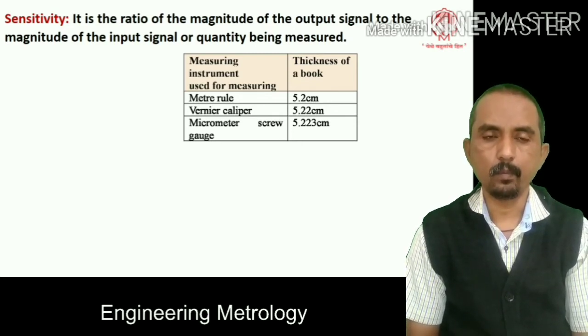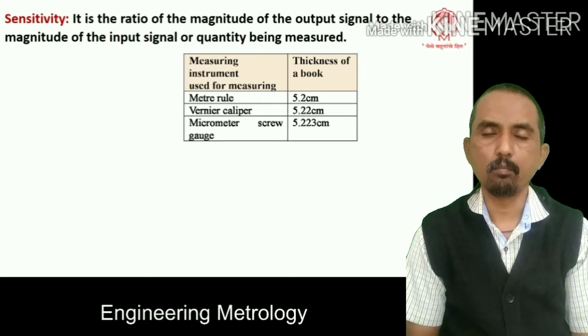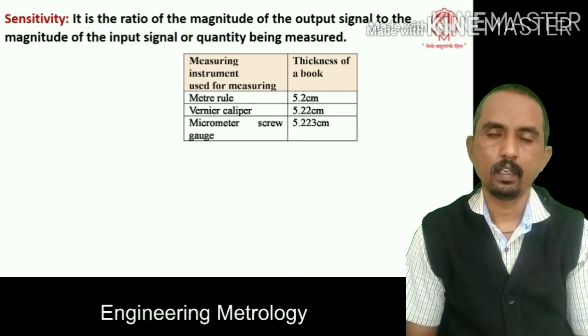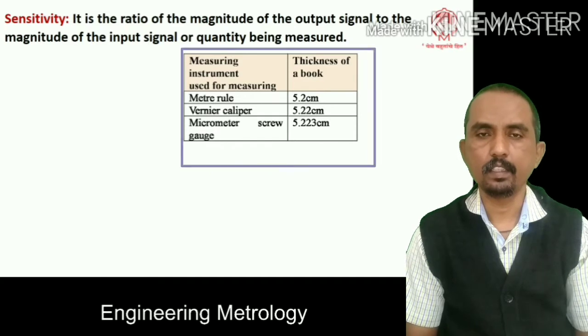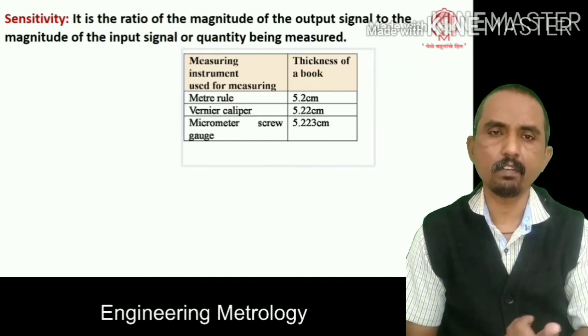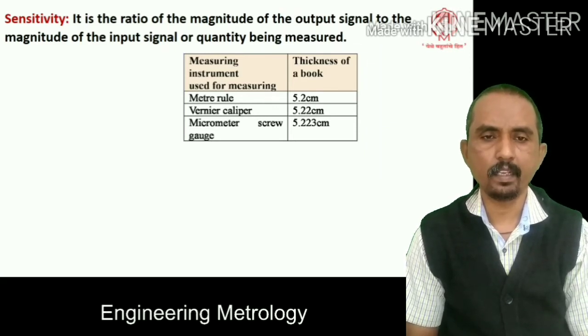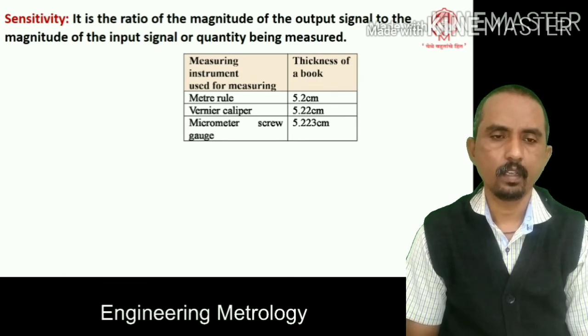For example, take the measuring of the thickness of a book, using three different instruments. The input is the same, that is the thickness of the book, and the instruments are different. One is a meter rule, one is a vernier caliper, and one is a micrometer. With the help of the meter rule we get the output reading of 5.2 centimeter.